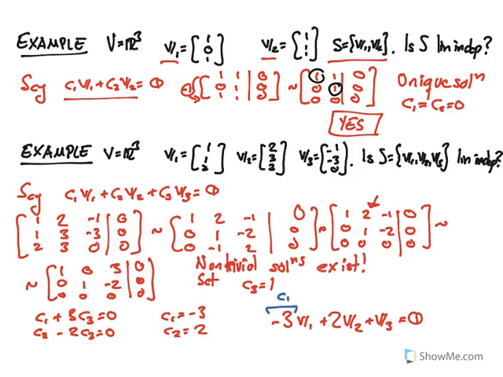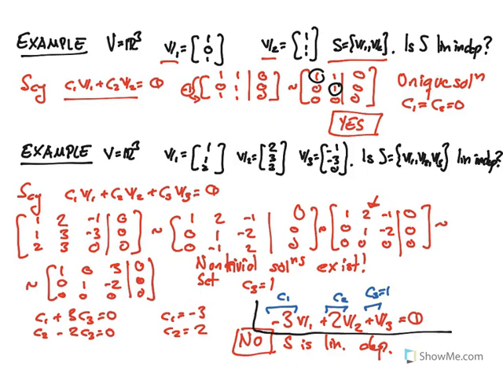Here is C1, here is C2, and then C3 is just 1. So in this case, the answer is no. S is linearly dependent, because I could form this non-trivial linear combination here, right? So this statement tells us that this set is linearly dependent.